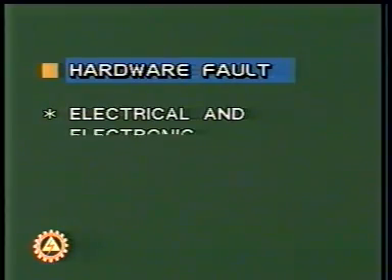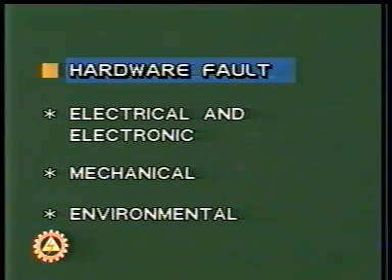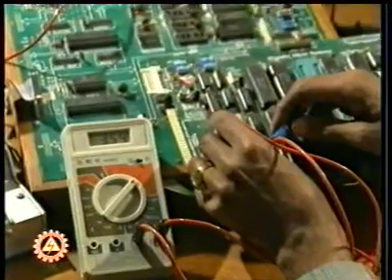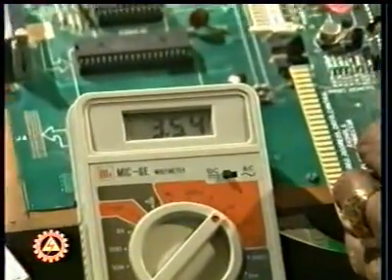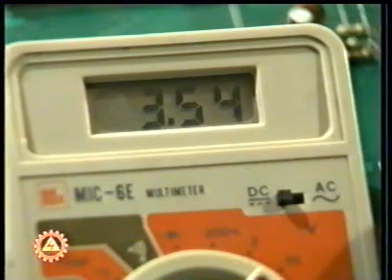Hardware faults are caused by problems such as electrical and electronic, mechanical, and environmental. Electrical and electronic faults may be due to power supply faults. For example, a low voltage of 3.5 volts instead of 5 volts can cause malfunction in the system.